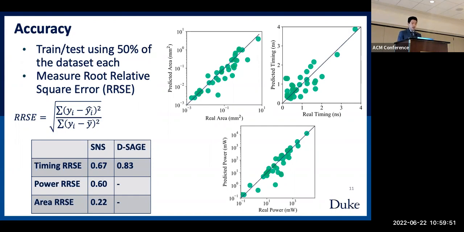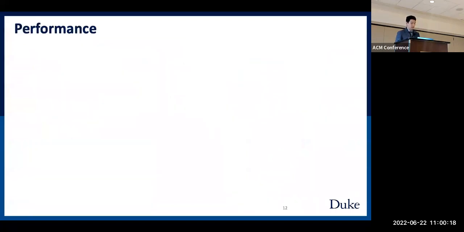The error metrics for power and area have no direct comparison, so we can look at the quality of our result using the graph on the right, where we plotted the characteristics estimated by SNS as a function of the real characteristics. With perfect accuracy, all points should lie on the diagonal line. And this plot shows that SNS achieves high accuracy for predicting the power, area, and timing of a circuit.